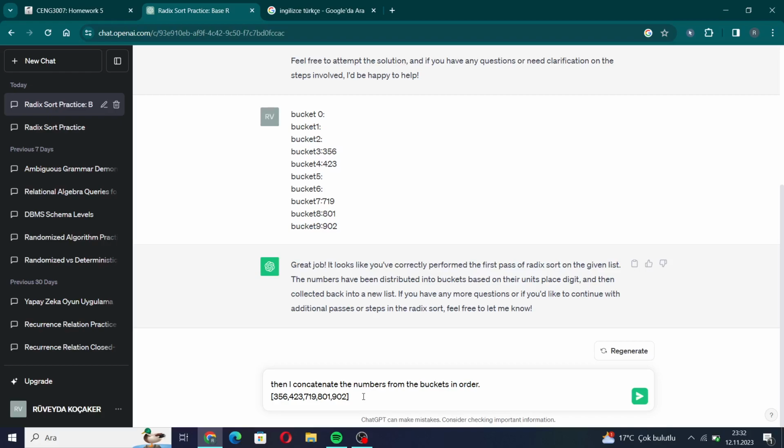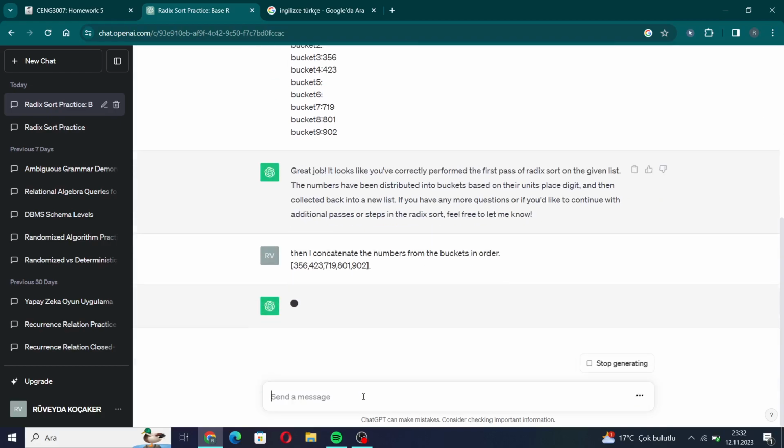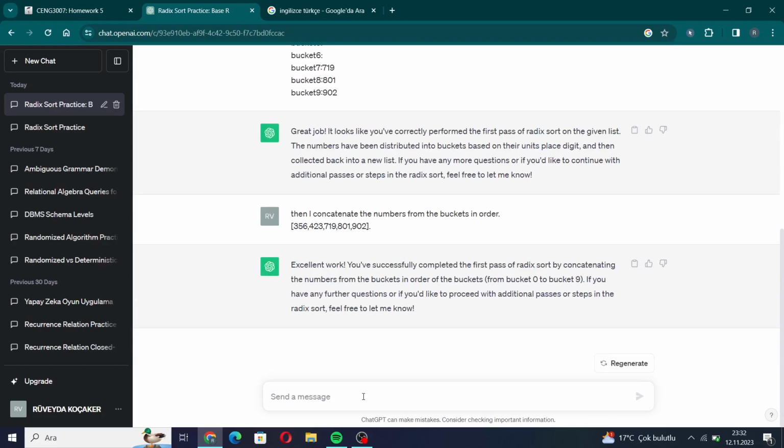The list after the first pass based on the unit place is shown. The next pass would be based on the tens place, and we continue this process until all digits are considered. Yes. ChatGPT said: excellent work, you completed the first part of Radix Sort and collected the numbers from the buckets.